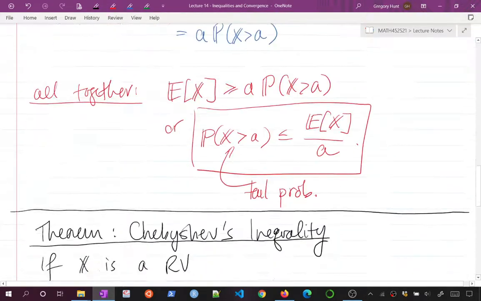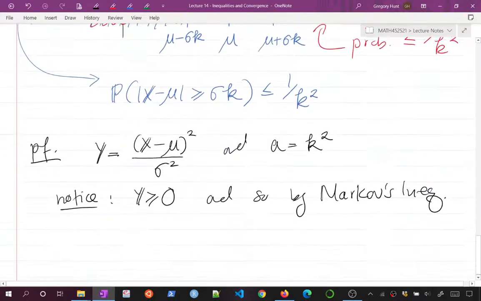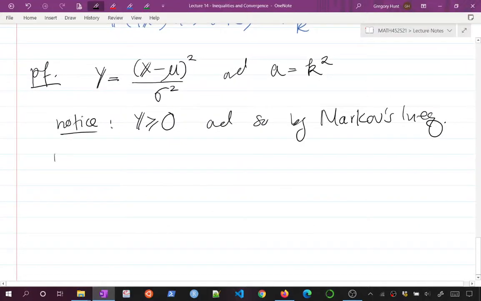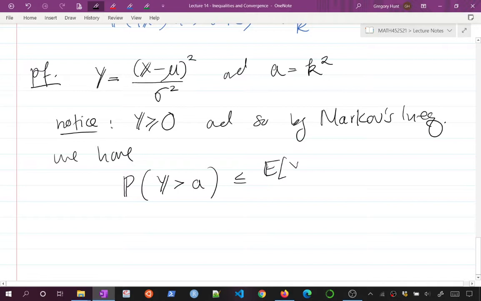And so by Markov's inequality, we have that the probability y is bigger than a is less than or equal to the expected value of y divided by a. Of course, we know what some of these things are.